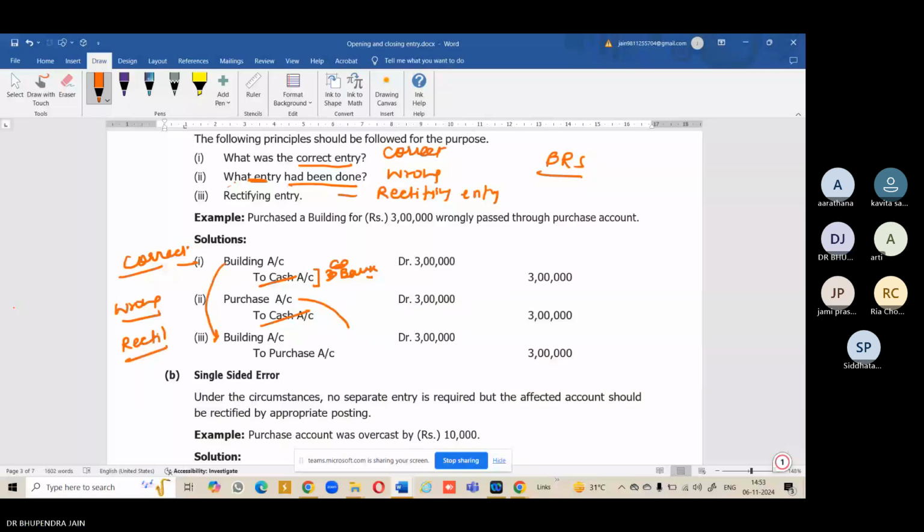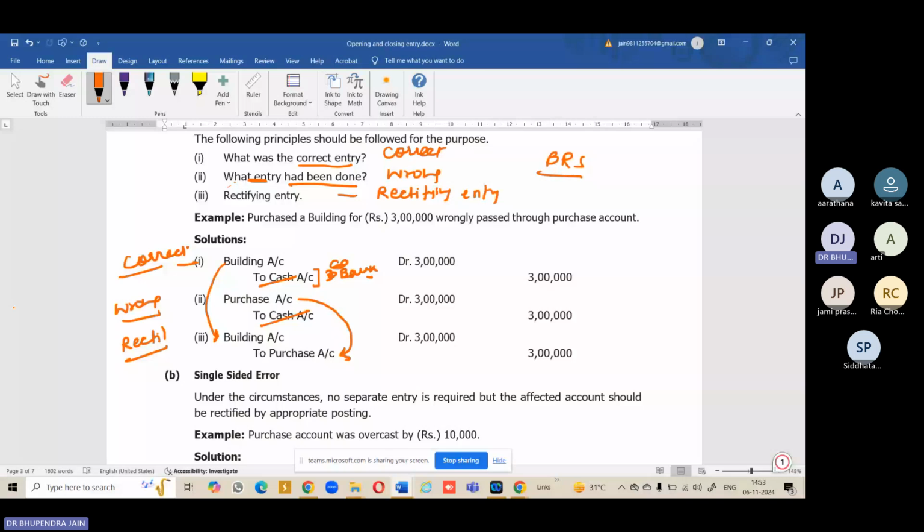Simple rule: write the correct as correct, and reverse the wrong. So write down the correct in the correct side and just reverse the wrong entry. If the wrong entry was given in the credit side, write it in the debit side, or if the wrong entry was given in the debit side, write it in the credit side. So what will be the rectified entry? Building account debit to purchase.